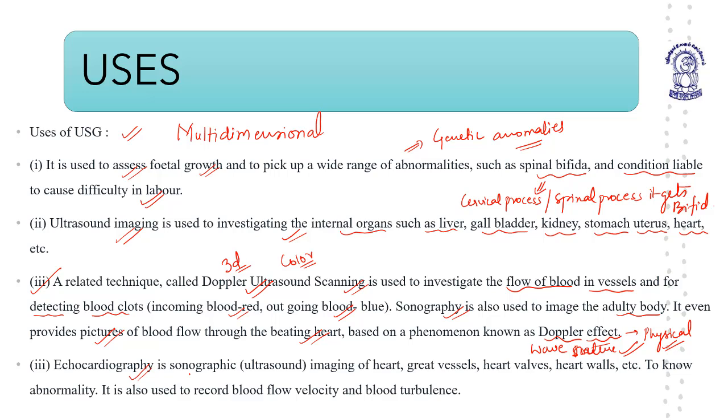Echocardiography is a sonographic or ultrasound imaging of the heart, great vessels, and heart walls. It is used to investigate any mitral valve disorders like mitral stenosis or any valvular disorder.